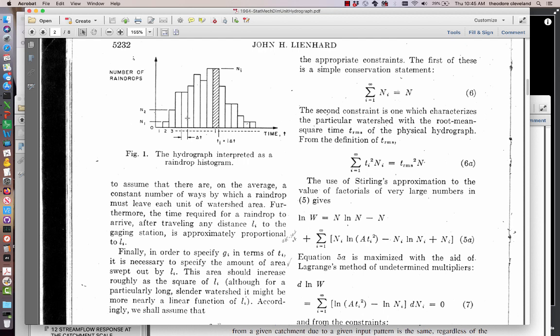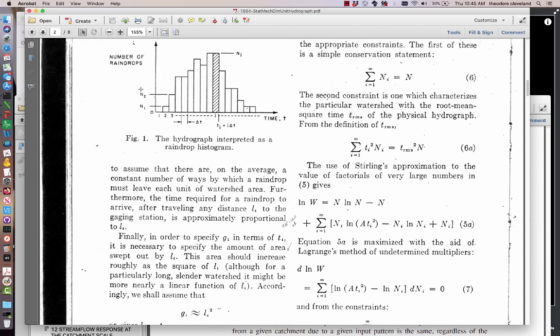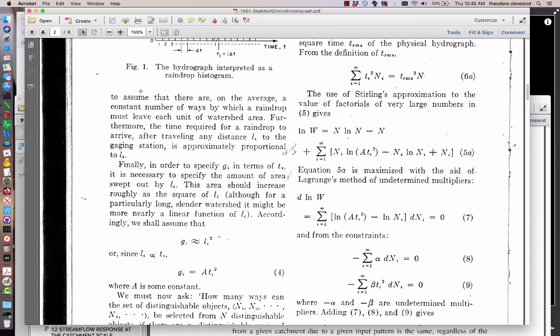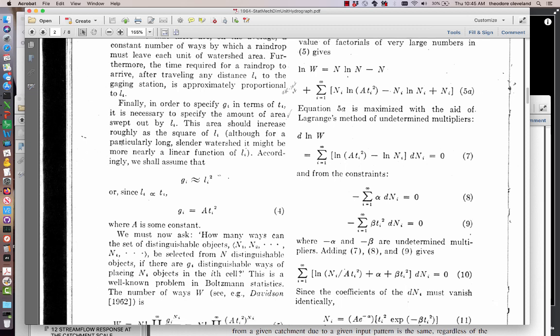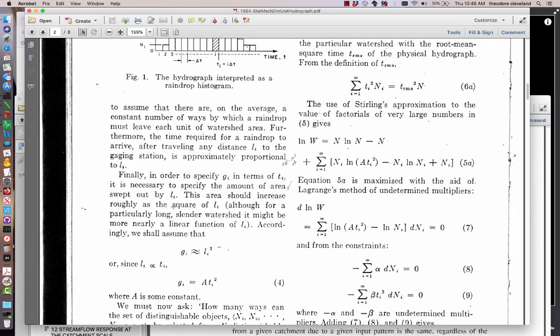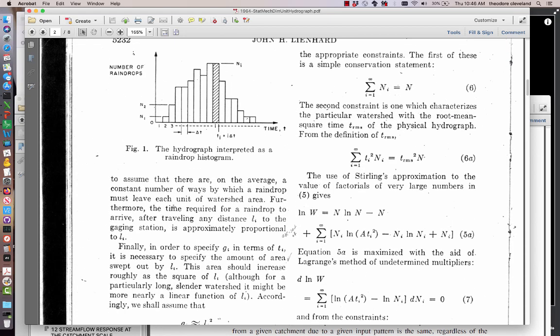So it's the same information, although this is listed as number. The reason it's listed as number is the Boltzmann statistics are worked out for number distributions, not floating point random variable distributions. Then it goes on to explain the logic and the counting technique, and we'll know that this, if we look at that, that looks like a maximum likelihood functional relationship.